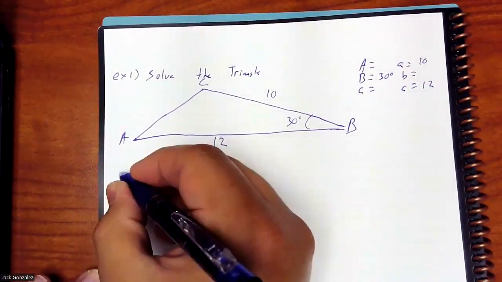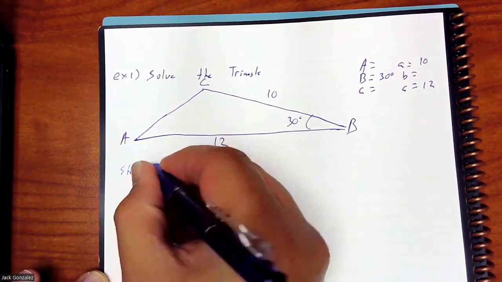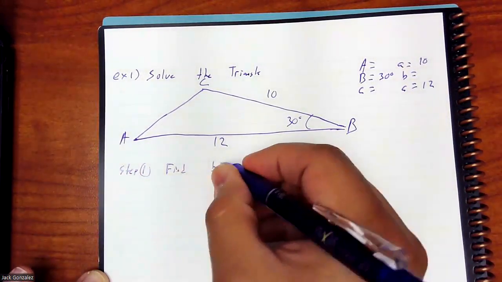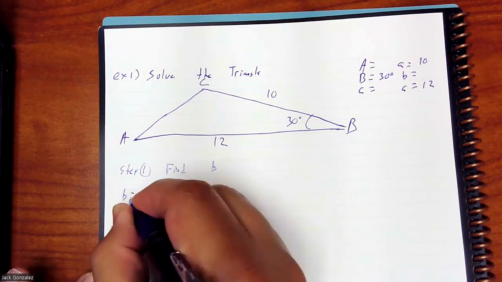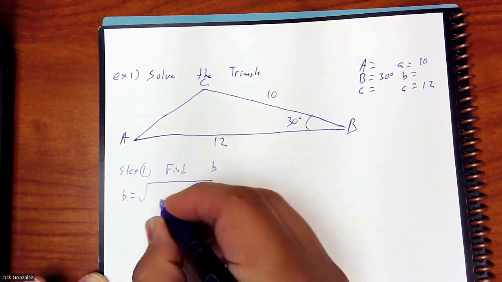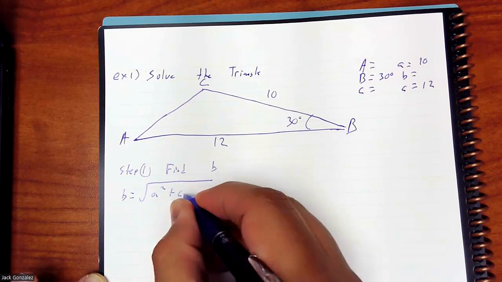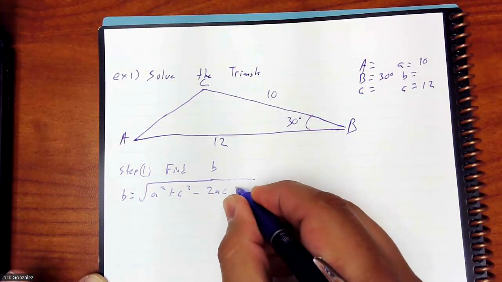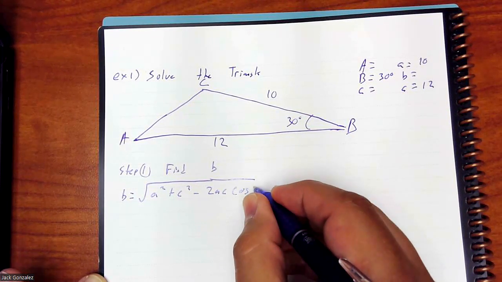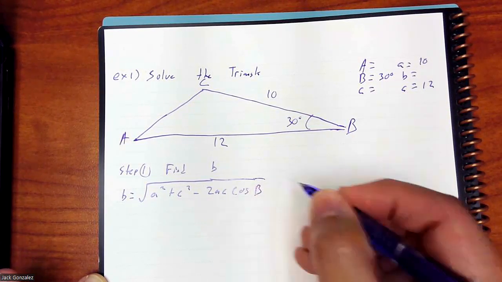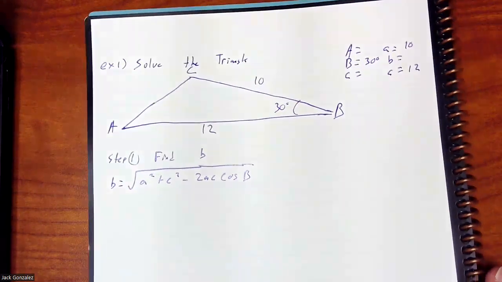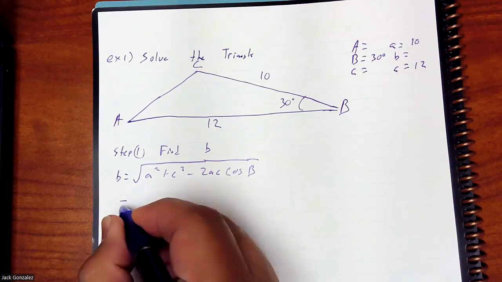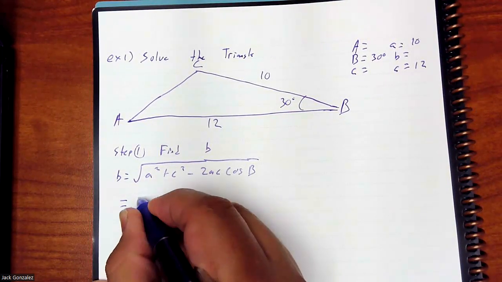So step one: find little b. Little b is equal to the square root of A squared plus c squared minus 2ac cosine B, right? Yeah, I think so. Plug it in. The formulas are simplified; all you've got to do is plug stuff in.